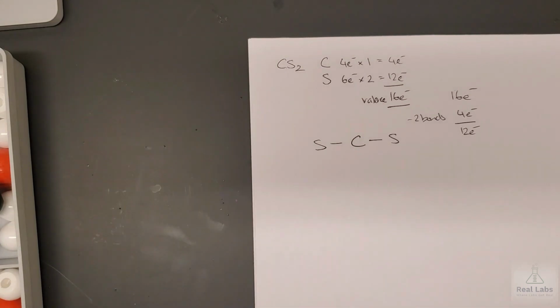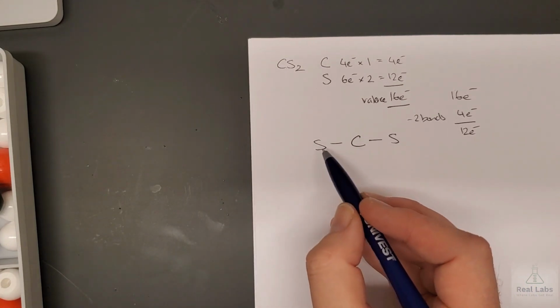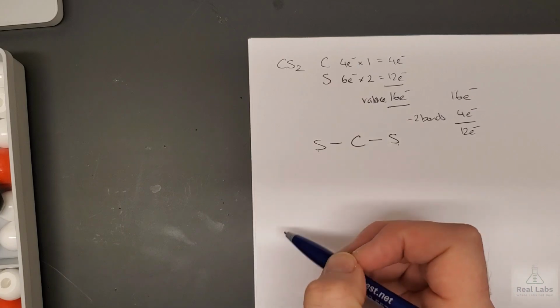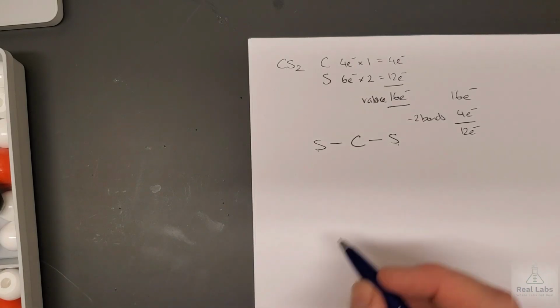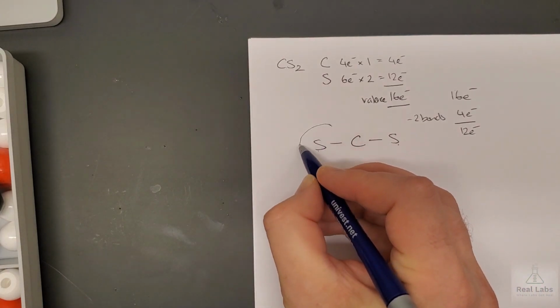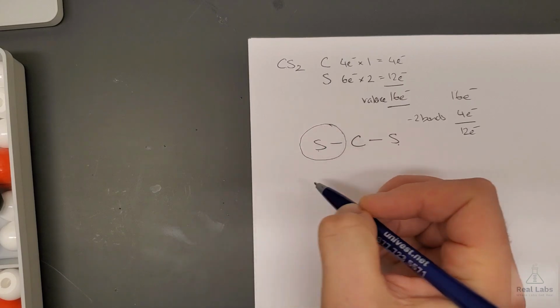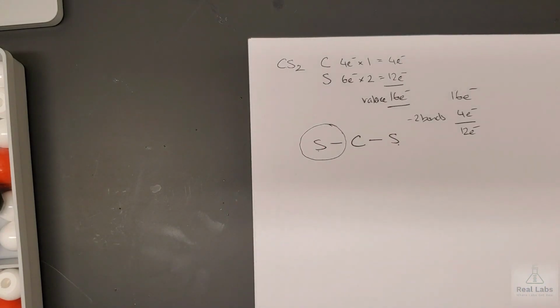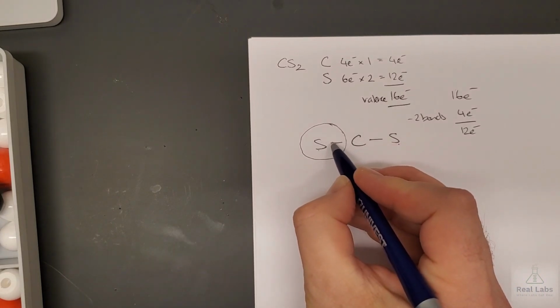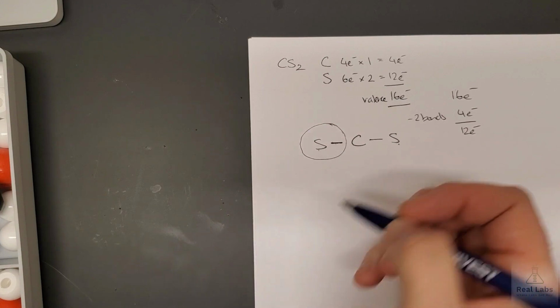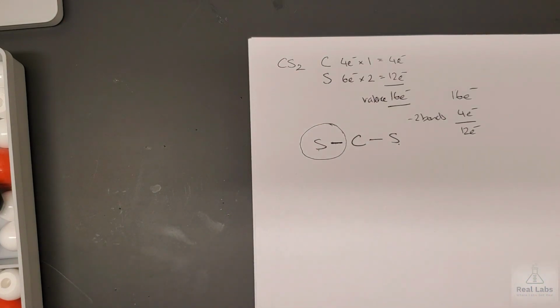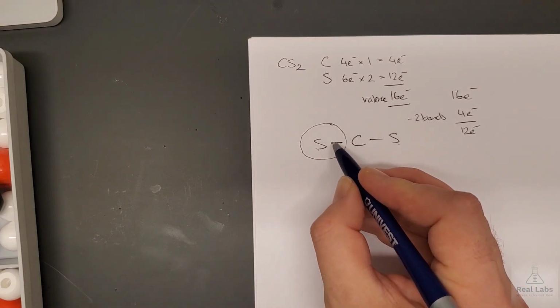The next step is to look at the peripheral atoms and figure out whether or not we have a full valence. So I'm going to just draw a circle around all the bonds in the sulfur atom itself. When we look at this, the number of electrons that I've drawn on the paper right now are just these bond electrons here, which is 2 electrons. We know that sulfur needs to have 8 electrons. So in order to give it a full octet, we know we've got 2.